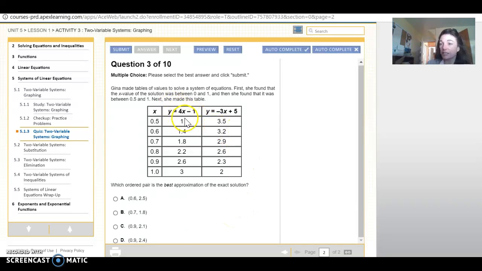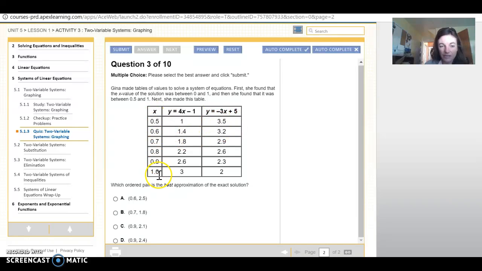Now instead of a graph, we have a set of ordered pairs, and these are the same x values. They're taking this x value, like 0.5, and plugging it into y equals 4x minus 1, and they get 1. And they're plugging it into y equals negative 3x plus 5, and they get 3.5.